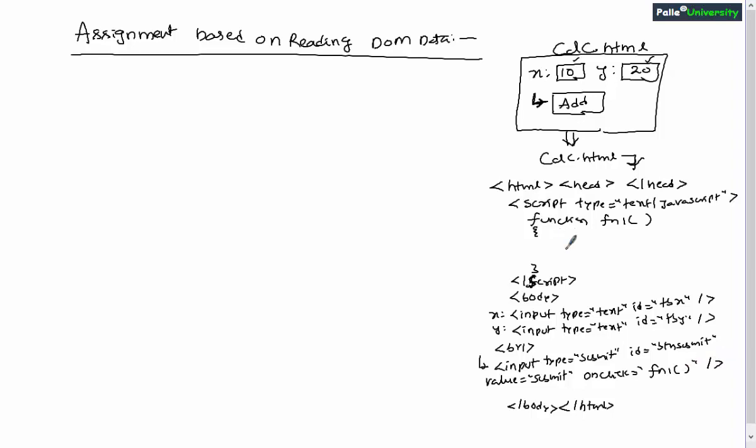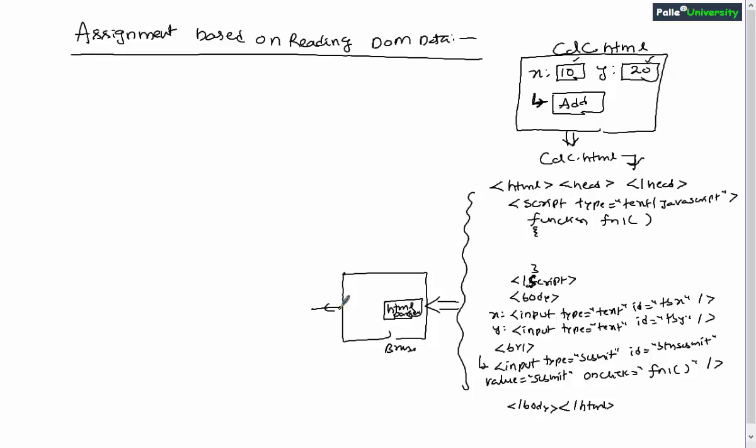Later I will show you this JavaScript function coding, but anyhow we know that when we send this entire HTML file code to the browser, I said every browser contains an HTML parser. The HTML parser will be converting the HTML code into DOM tree representation, which appears something like this. HTML node will be there, head node and then body node.